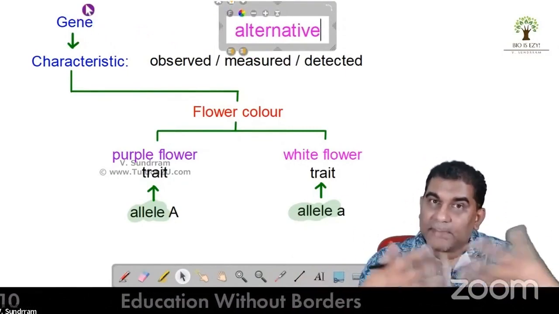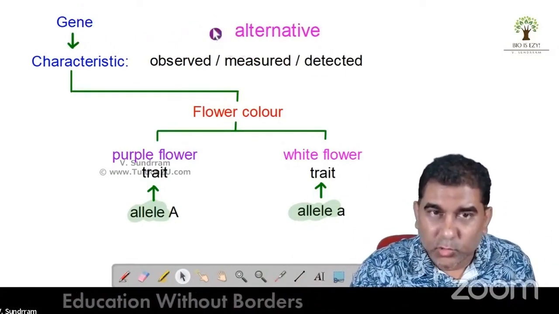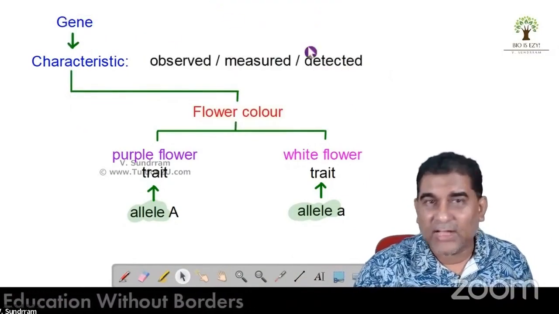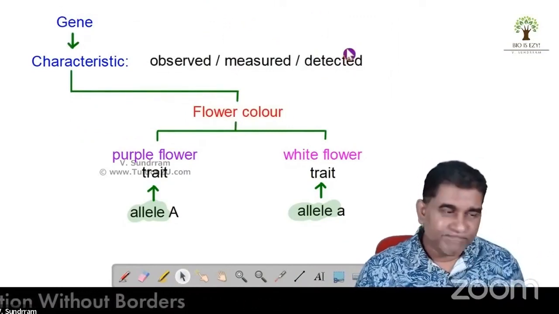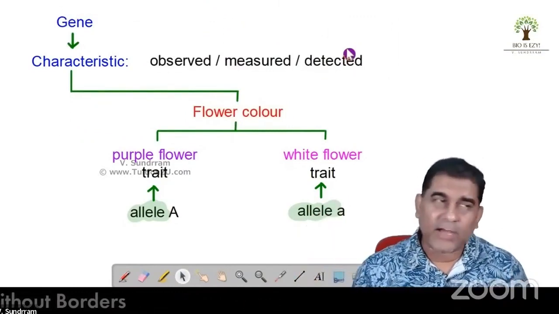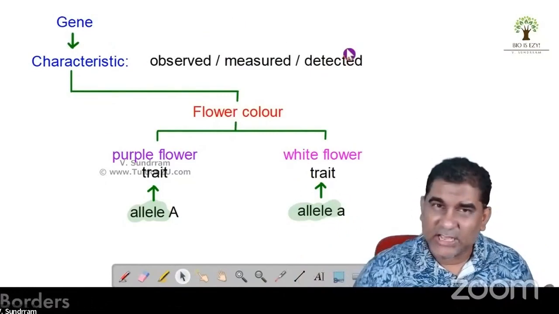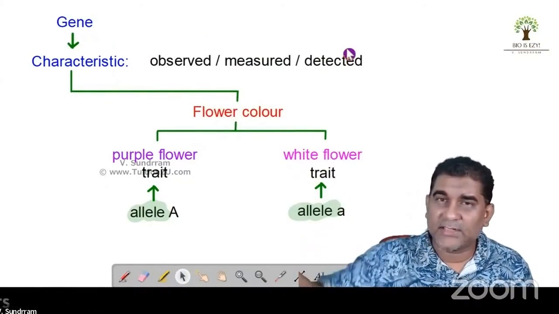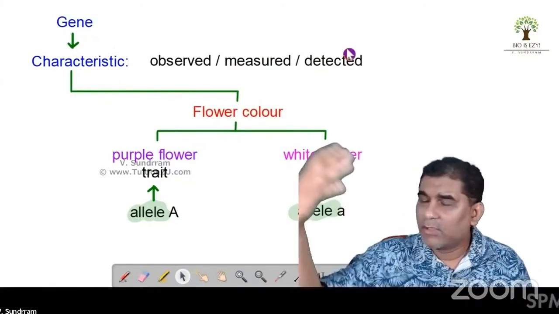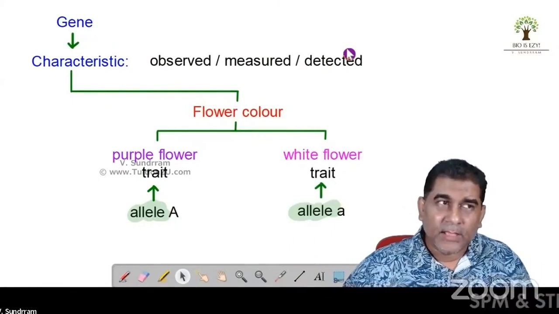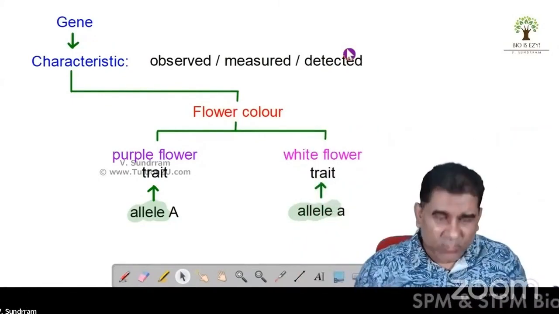Bentuk berlainan bagi satu gene. Contoh, now you have car for example. We have maybe Proton car, Pro 2 car, Mercedes car, BMW car, Ferrari car, Lamborghini car, or Porsche car, something. But they all come under one group, car.